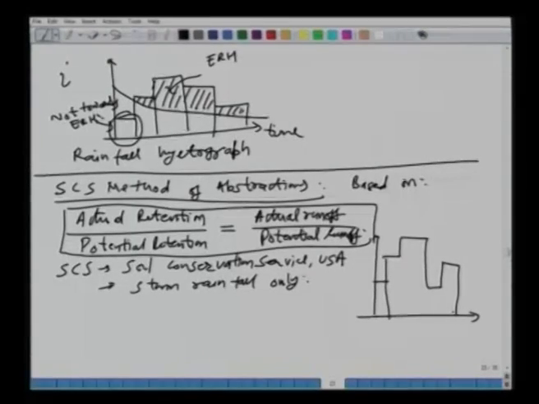Okay. What we are looking at is, let us say, the rainfall hyetograph. And then there is some form of losses. Everything above will contribute to the DRH, and everything below is what is called the losses.